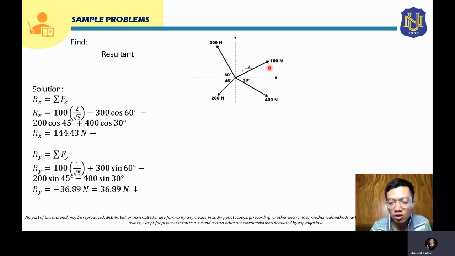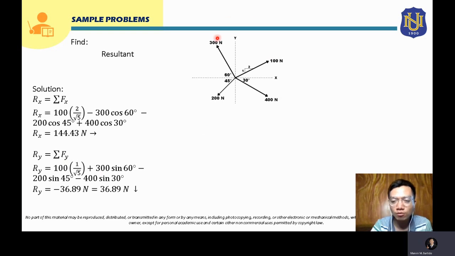So the side that is parallel in the slope triangle is this side, which is 1. So just multiply 100 by 1 over the hypotenuse, which is square root of 5. Since this is directed upward, this will be positive.